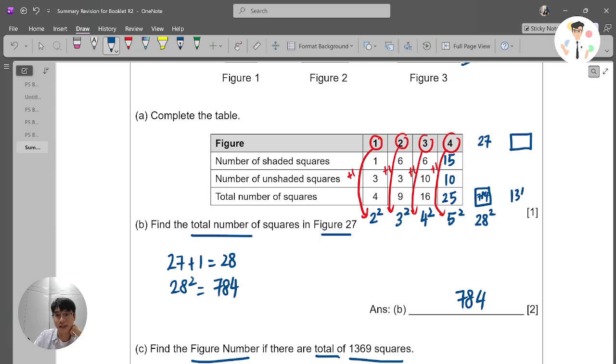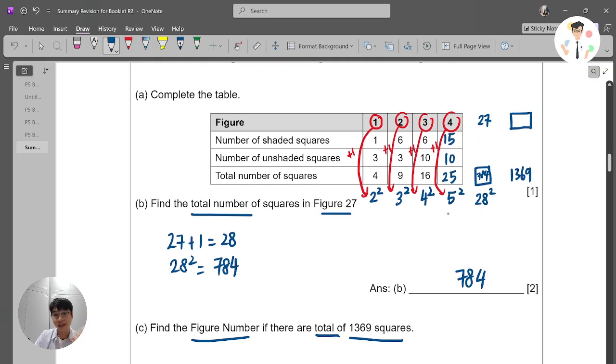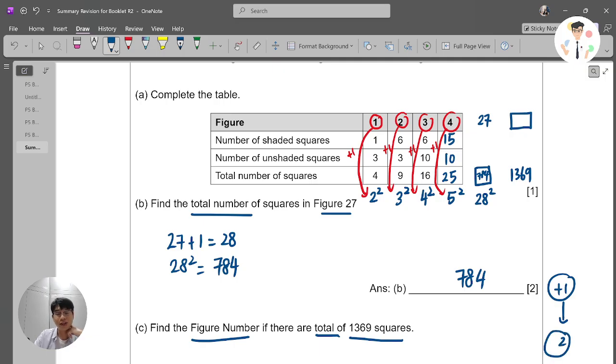1369. Now, you should have noticed that what we did just now to find the total number of squares is that we plus 1, and after plus 1, then we square. That is what we did to go from the figure number to the total number of squares.